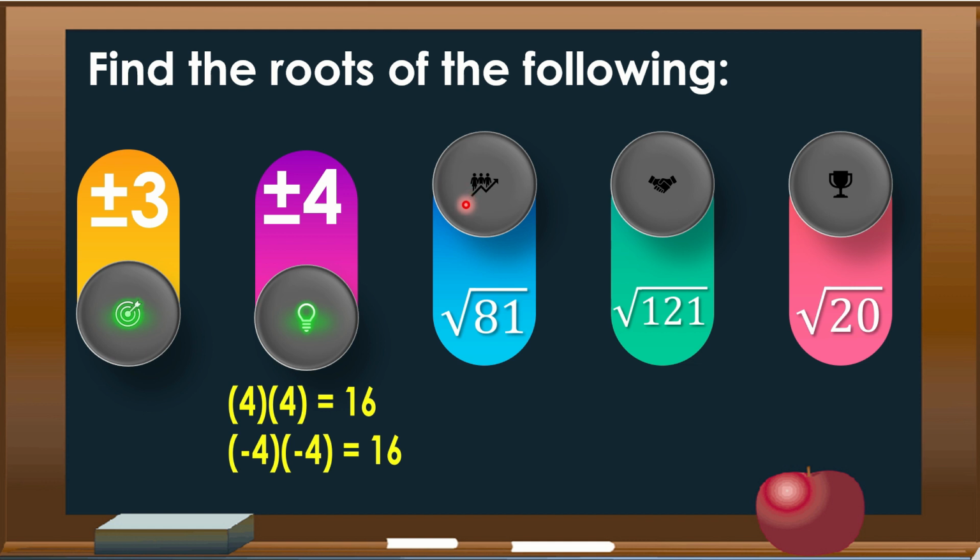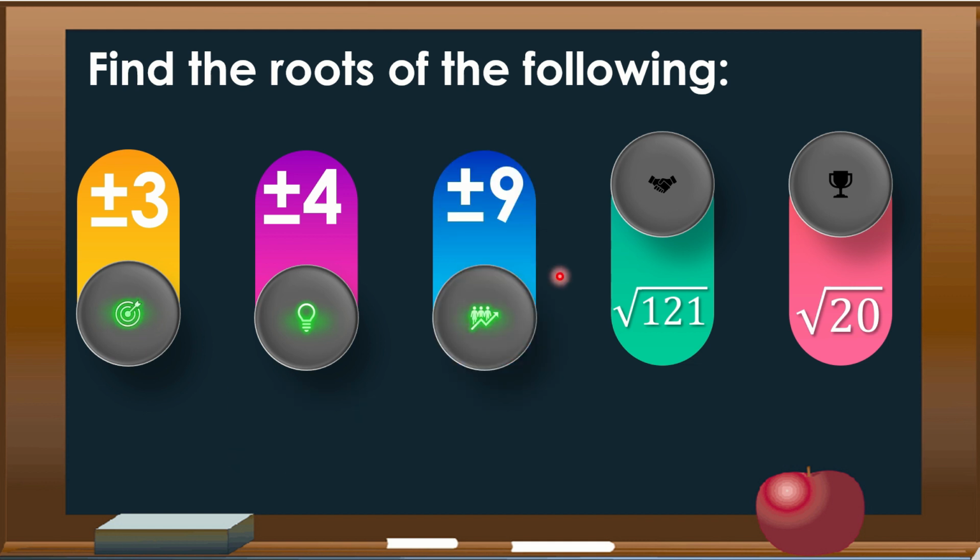Number 3, square root of 81. Yes, it is positive and negative 9. Like the first and second questions, positive 9 times positive 9 is equal to positive 81, and negative 9 times negative 9 is equal to positive 81 also. Next, number 4, square root of 121.